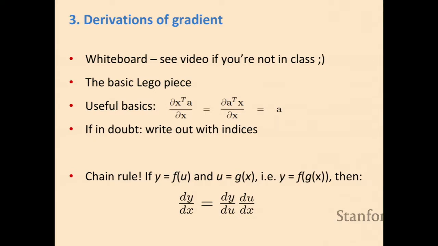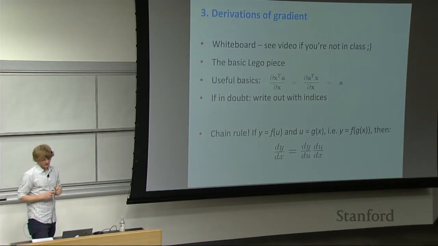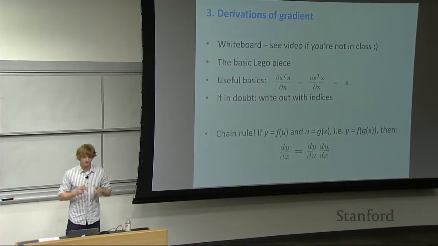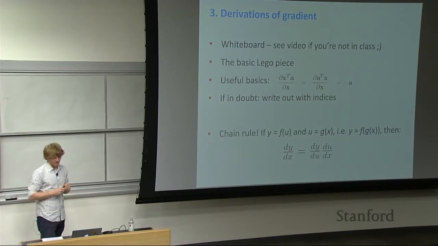So we'll do some interactive whiteboarding, and I'll ask you what the next steps are, and we'll see how quickly we can do it together. If you're not in the class, maybe we'll have some handwritten notes in the end, but generally it's better if you just watch the videos if you're following the class online.